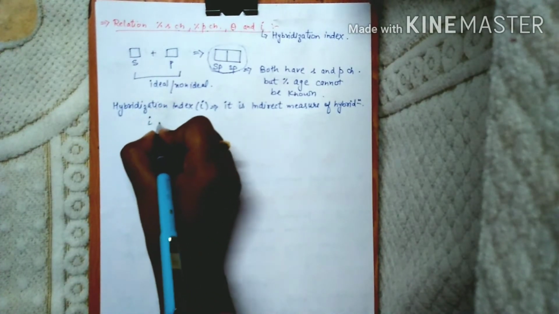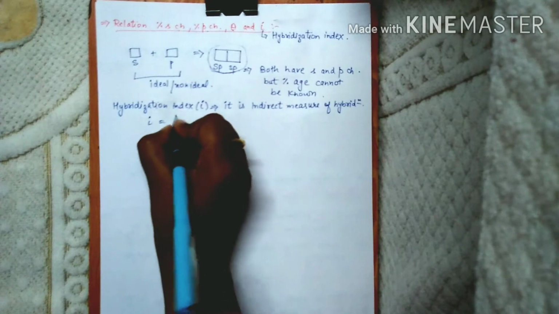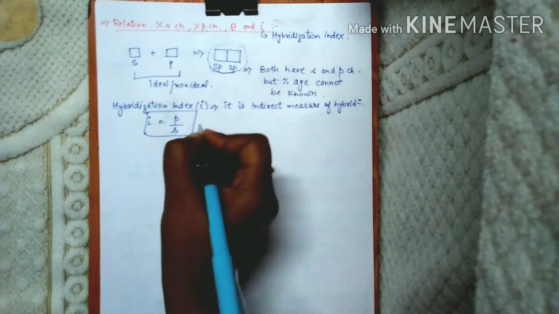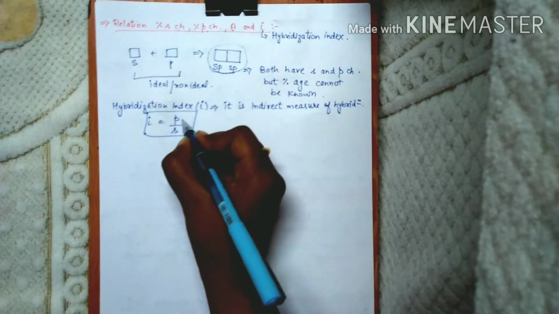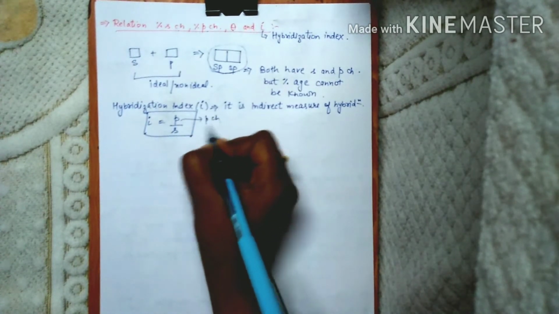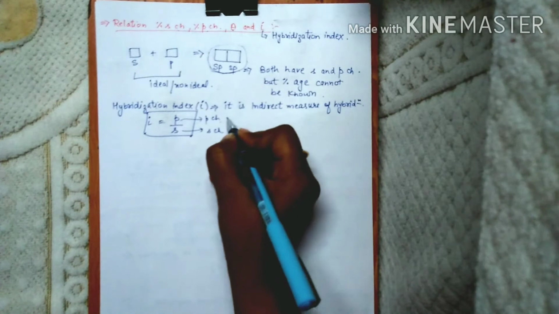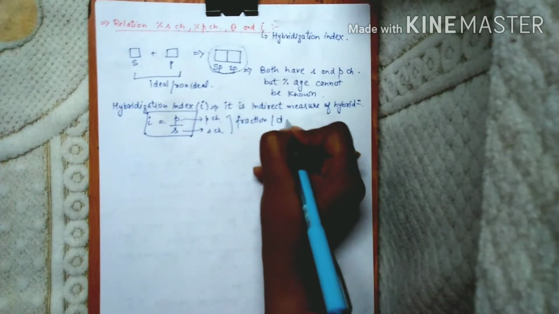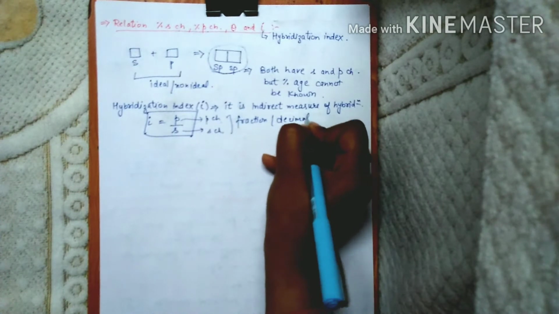So in terms of formula, i is equal to P upon S. P is your P character, S is your S character. Both are in fraction, or you can say decimal. Both are the same.